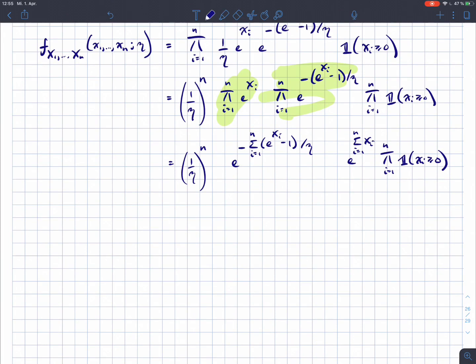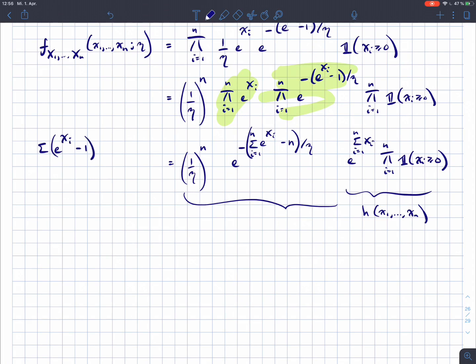And so this part is a function of only the data values. This part, maybe I need to write in a slightly different way. Let me distribute the sum to here and to here. So I can write it as this, because I had sum of e to the xi minus 1.